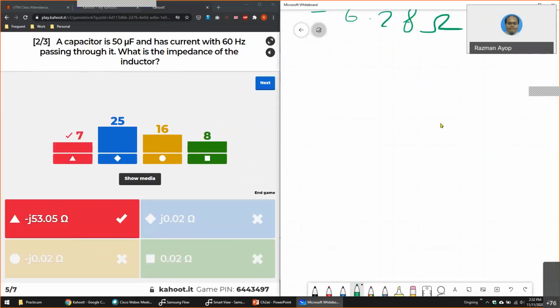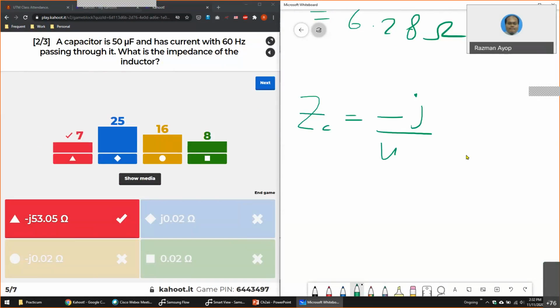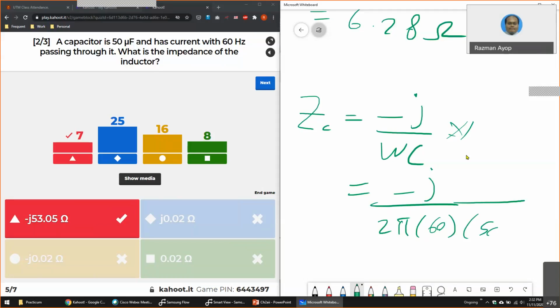So we look here. What is impedance? It is Z. So for the capacitor, ZC is negative j divided by WC. You have to memorize this equation, there will be no formula sheet. So negative j divided by 2 pi times 60 hertz, and then C is 50 microfarad.